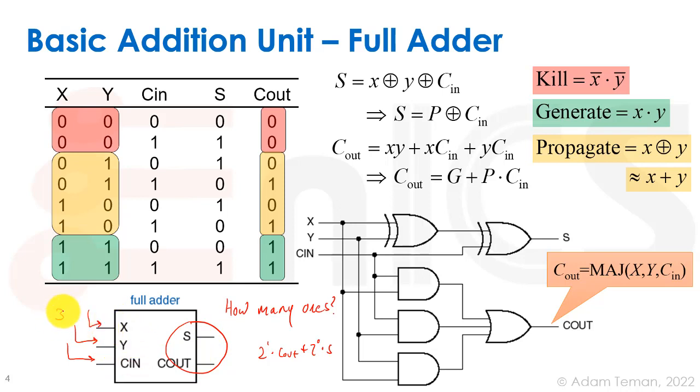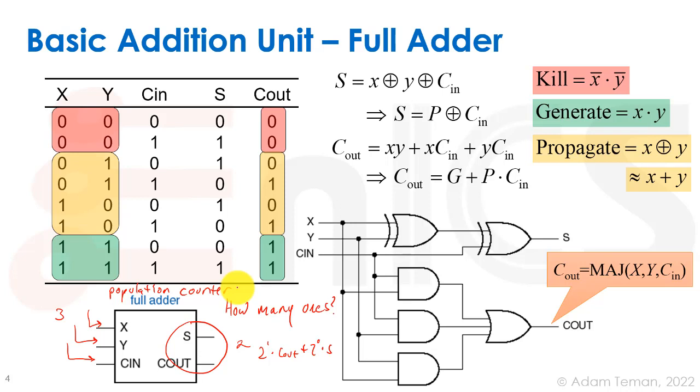And since we have 3 inputs and we encode it into 2 outputs, this is a type of compression. We take 3 inputs and propagate it out to 2 outputs. We often call such a thing a population counter, or a pop count. So this is another important function that we need to use often in different things. It's become especially prominent in things like binary neural networks that have become popular lately.